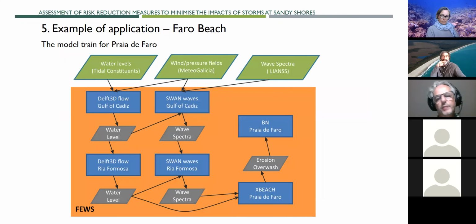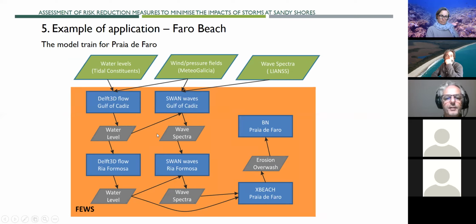Our model train for Faro Beach, which was built during the RISC-KIT project, we are now rebuilding, in fact, for another project. We have, let's say, a broader model using Delft3D and SWAN that comes from the Atlantic to the Gulf of Cadiz.